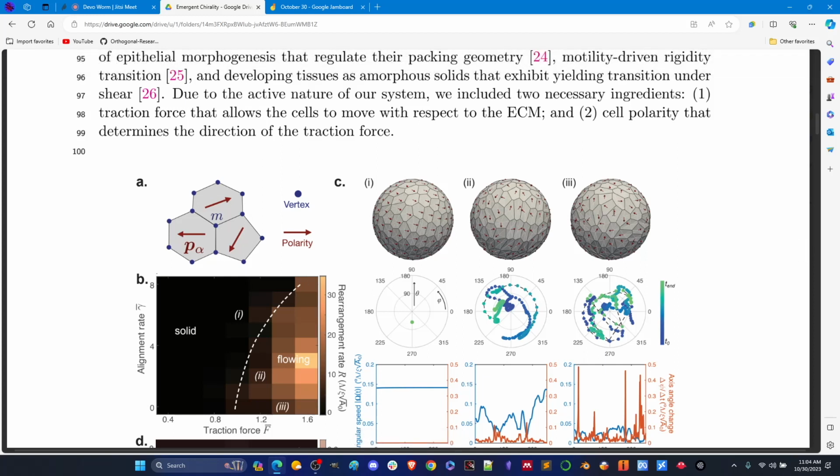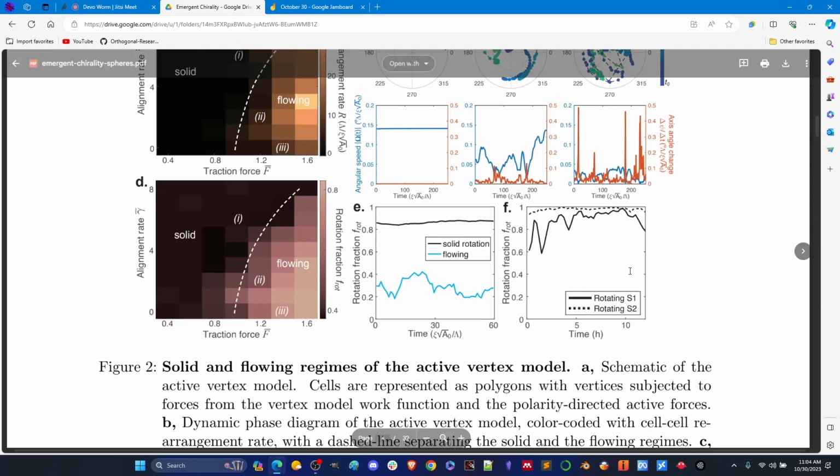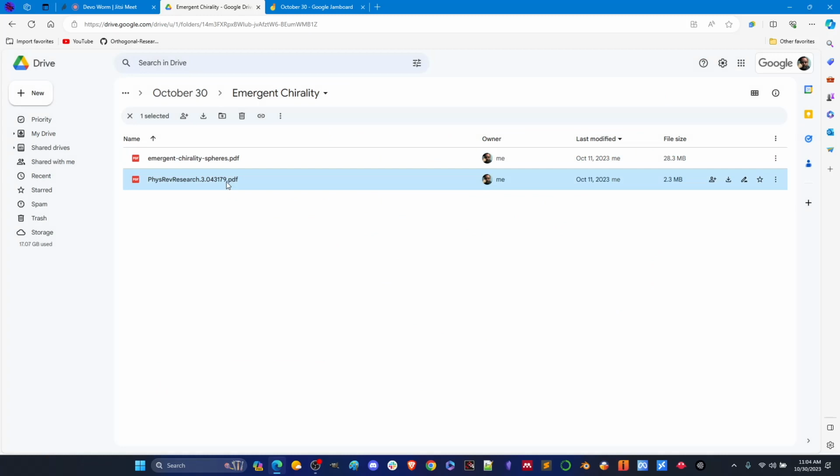This is C here, which shows the force fields. And again, in some of these examples, they're sort of aligned, and in some of these examples, they're non-aligned. So these last two examples are non-aligned. So this is where we have a solid regime. This is where we have a flowing regime. Okay, so that's the first paper.